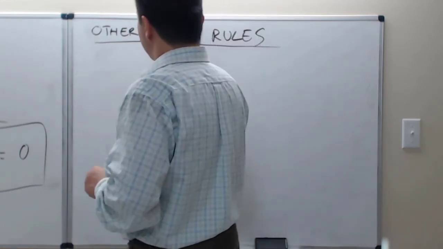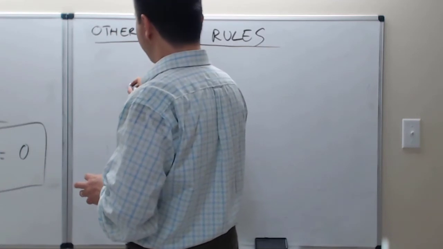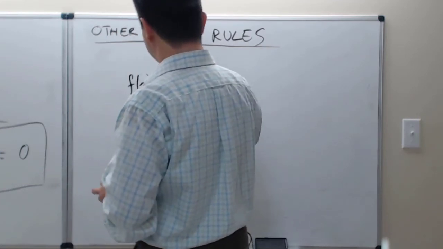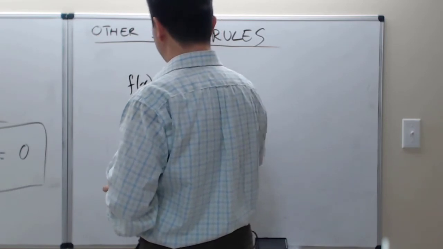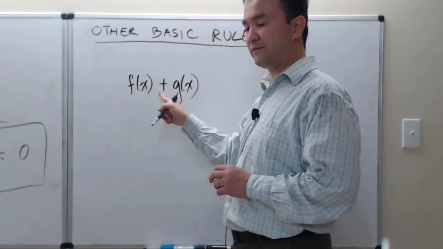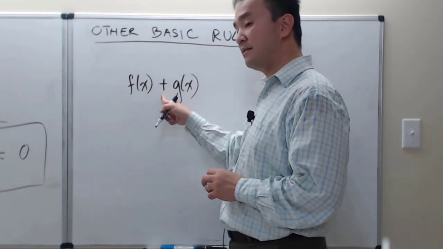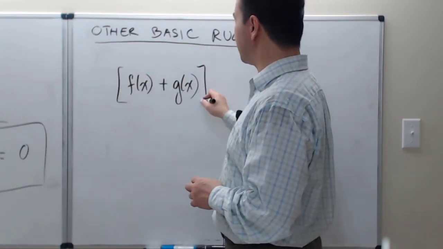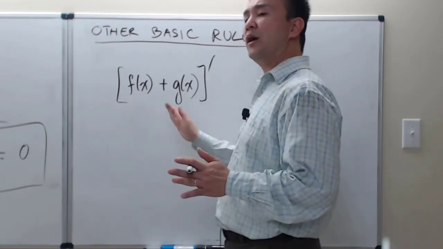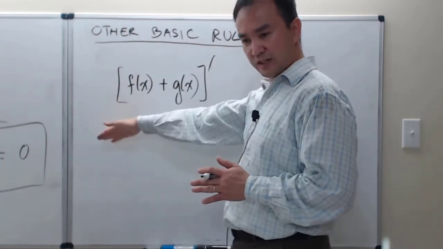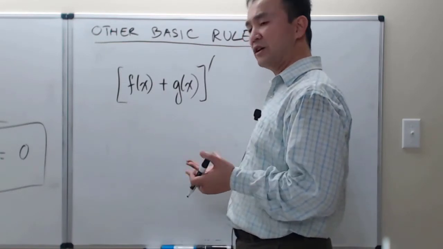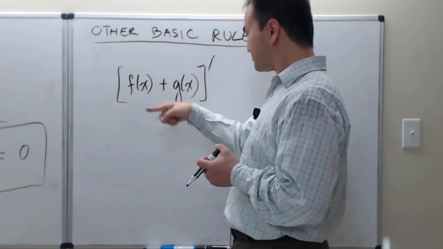But now, a lot of the time, the function that you are taking the derivative of comes from the sum of two other functions. And in your problem, you are asked to find the derivative. That's why learning this style of notation makes it a lot more convenient to communicate.